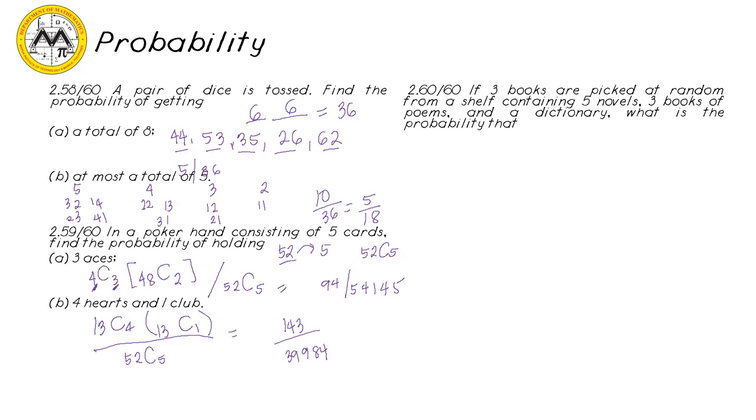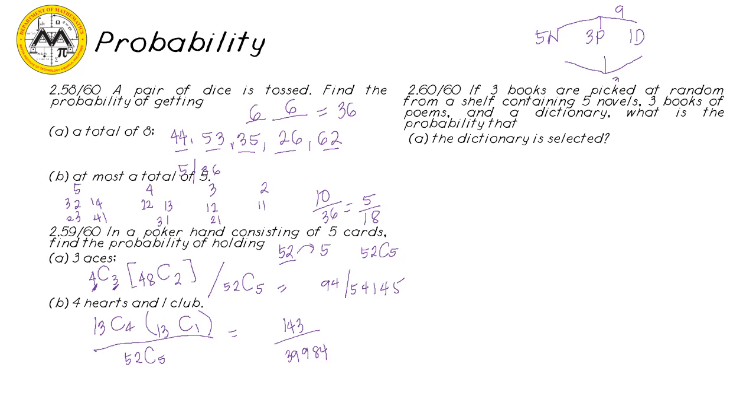You have 3 books to be picked at random from a shelf containing 5 novels, 3 poems, and 1 dictionary. So all in all, how many books do we have? 5 plus 3 is 8 plus 1 is 9. What is the probability that the dictionary would be selected?